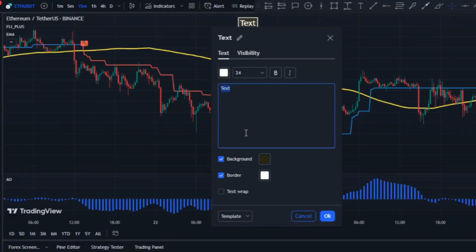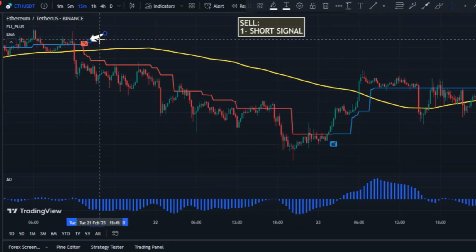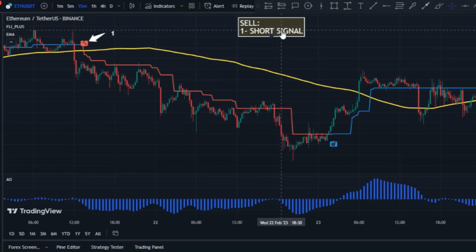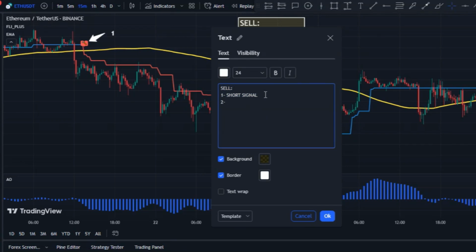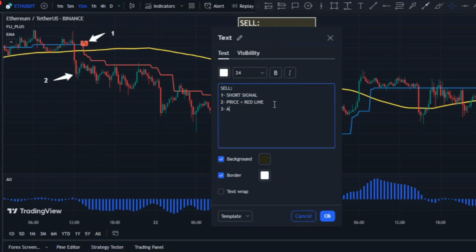And for entering a short trade, you need to wait for a sell signal to be issued first. Then the price action should be below the red line. For the next confirmation, ensure that the histogram of the AO indicator is below the 0 level.